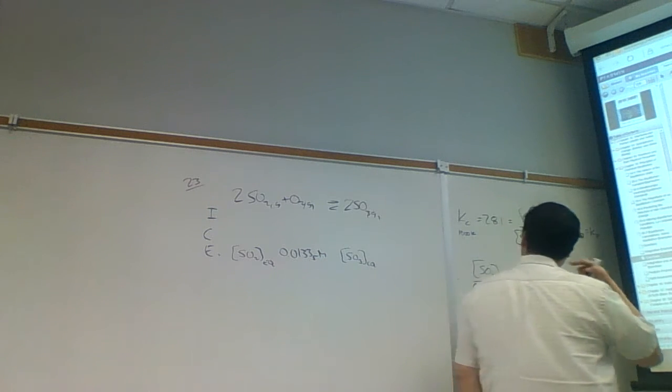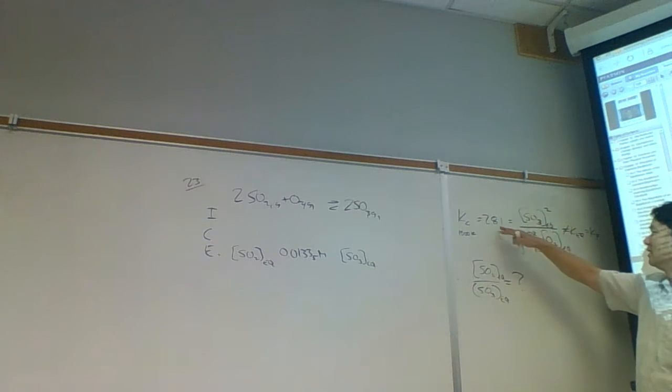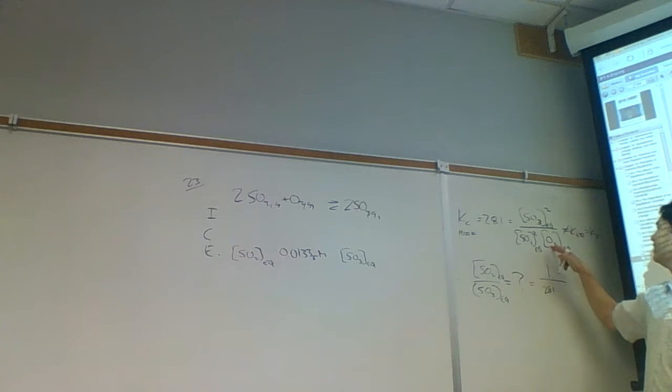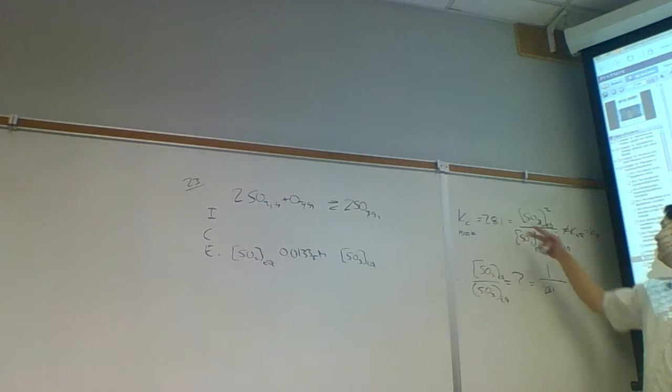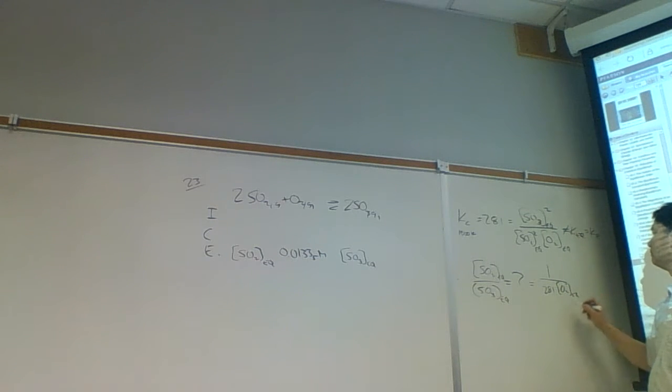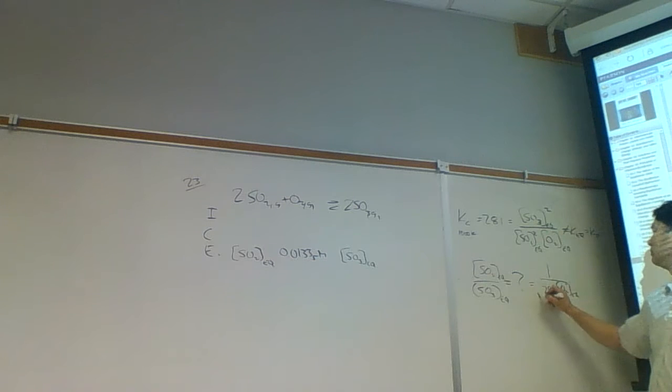And then if I invert this, then I've got to invert that. So this is going to be 1 over Kc, or 1 over 281. Invert it, then times the O2 concentration at equilibrium, then take the square root of that.